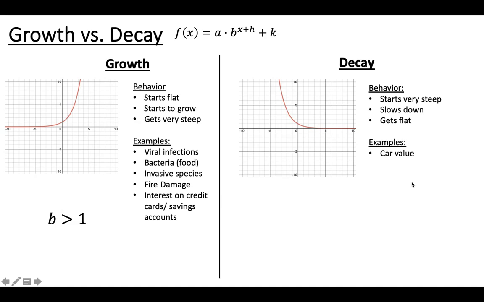With car value. So you go buy a brand new car, and as soon as you drive off the lot with it, the value of your car just went down about $1,000 or $2,000 immediately. And then the value of the car goes down a lot, down a lot, down a lot, but eventually it's still a car, right? So even once it gets to be like 12, 15 years old with 150,000 miles, it's still a car.